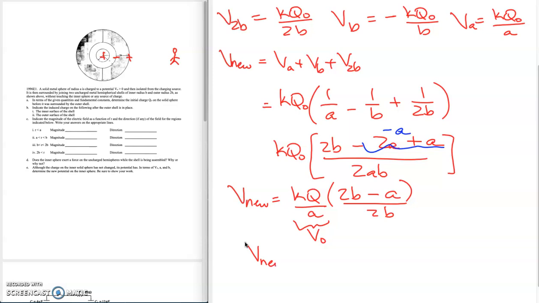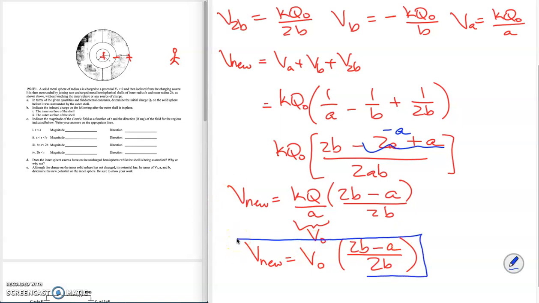So V new is going to be V naught times the fact that now we have a shell of thickness 2B wrapped around it. And that makes our new voltage. Again, if you're going to walk from outside very far away to then go stand on the surface of that sphere.